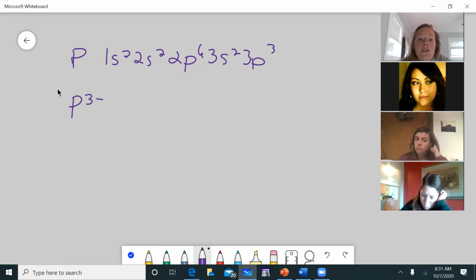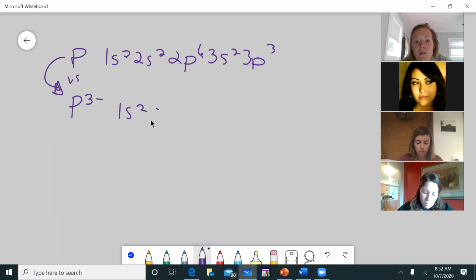Okay. So if we're going from phosphorus to its ion, know that the negative is telling us that we're adding 3 electrons. So I need to pump this up with an additional 3 electrons. If on an exam it asks you for the electron configuration of the ion, just know that's different than the electron configuration of the ground state.